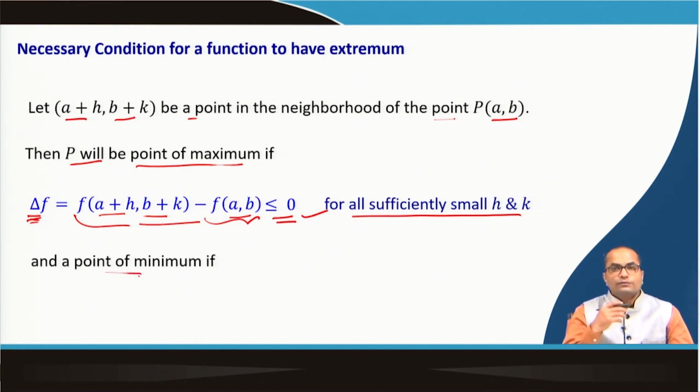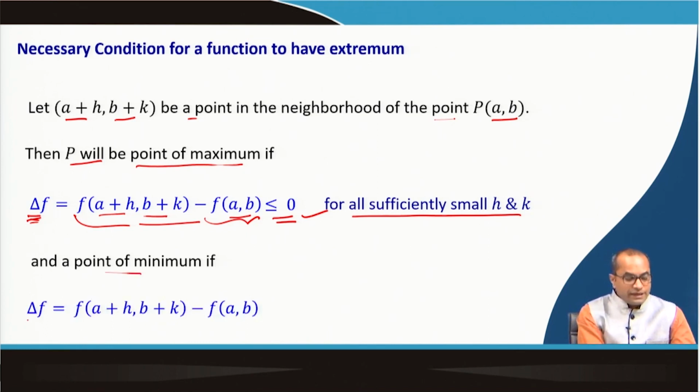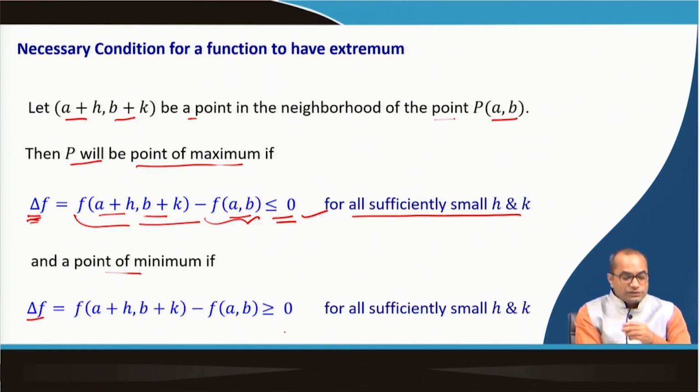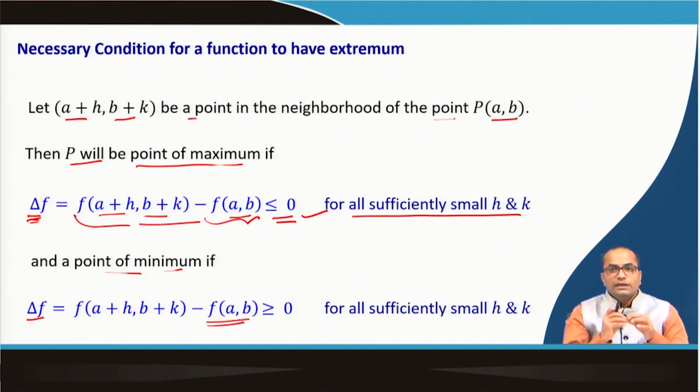Similarly, this will be a point of local minimum if we have this delta f greater than or equal to 0, because for the minimum, f(a, b) is locally minimum, that means in the neighborhood the function is taking greater values. So, f(a plus h, b plus k) minus f(a, b) will be greater than or equal to 0 for sufficiently small h and k, because they exist in the neighborhood.